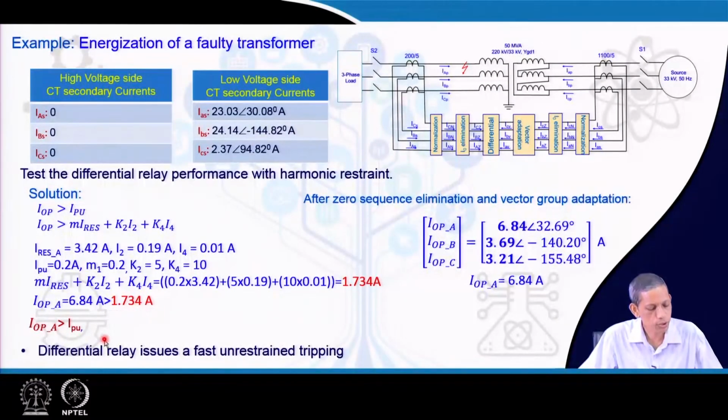That leads to the situation where I operating is satisfied, greater than IPU and also greater than the restraint current 1.734. Therefore, the differential will operate for this internal fault case, which is a correct decision. It means that the differential relay, including the harmonic restraints, is successful in its operation during an internal fault.